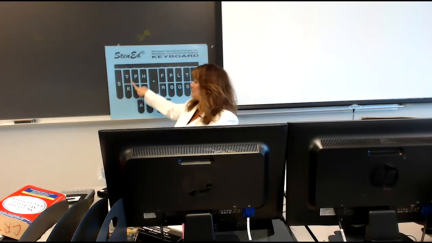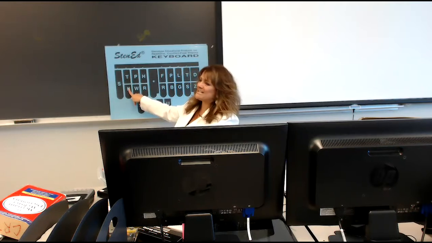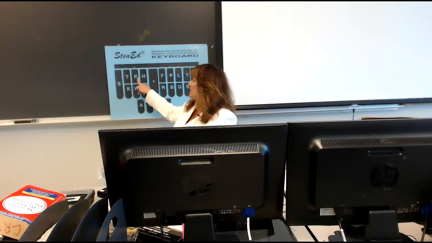TK is a D. PW together is a B. HR together is an L. So think about it. The abbreviation is double, DBL. If it helps you to remember, DBL, TK equals D, PW equals B, HR equals L. FM, TP is the F, M is PH, so an FM radio station, if that helps, okay?